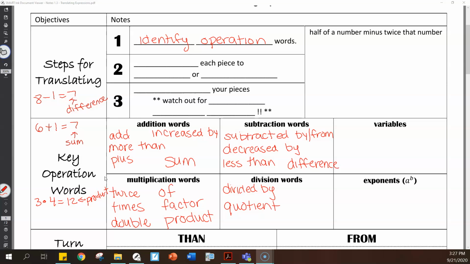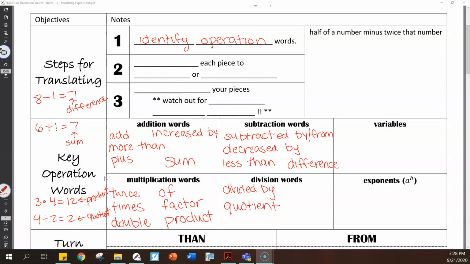Quotient is the result of a division problem. If I've got 4 divided by 2 equals 2, that resulting 2 is the quotient. Those are important to remember because our grouping words are very similar to the result words we were talking about: sum, difference, product, and quotient.